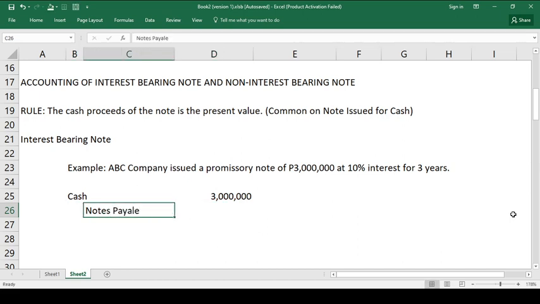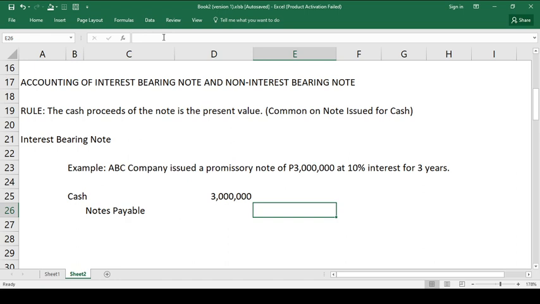Sir, is there any instance that even though it is an interest bearing note, the issuer of the promissory note expressly provides on the note that the interest can be deducted right away from that 3 million pesos? Yes, that is possible.